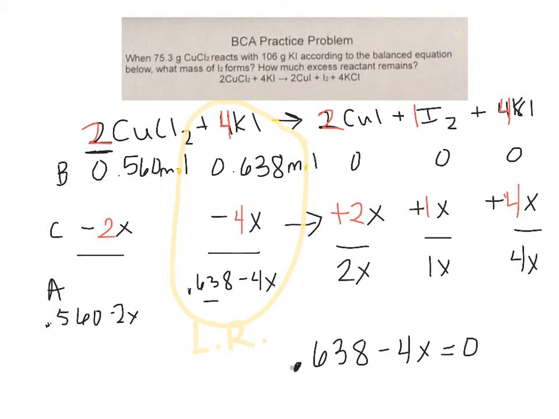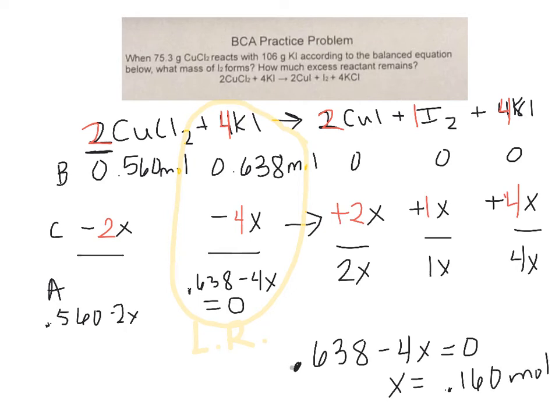In other words, after it's all said and done, the amount of KI will be 0. All right, well, if you look at this, I now have a pretty straightforward little algebra problem, 0.638 minus 4x equals 0, and I can solve that. When you solve that math problem, you are going to learn that x is equal to 0.160, and that's going to still be in moles.